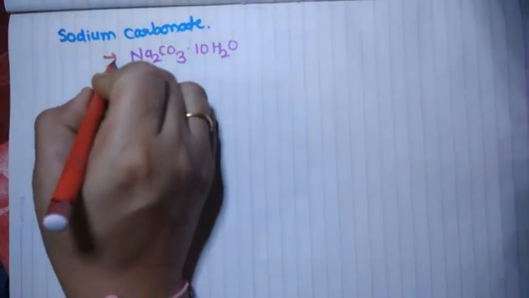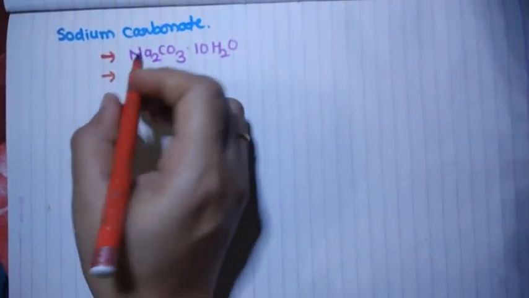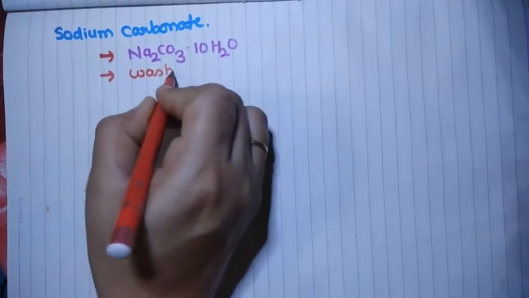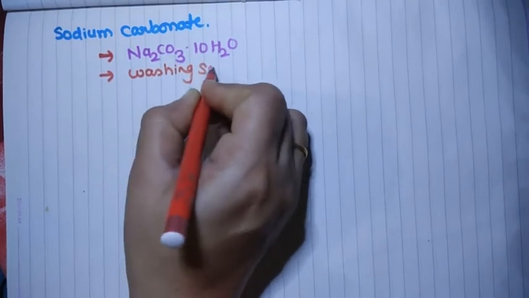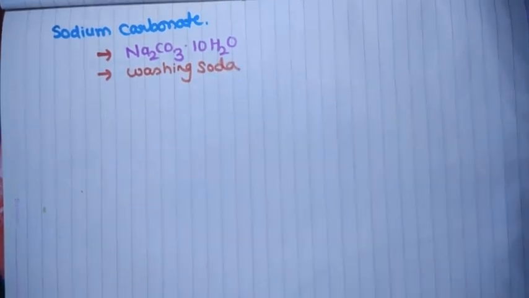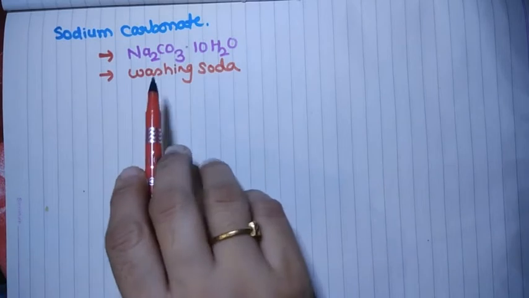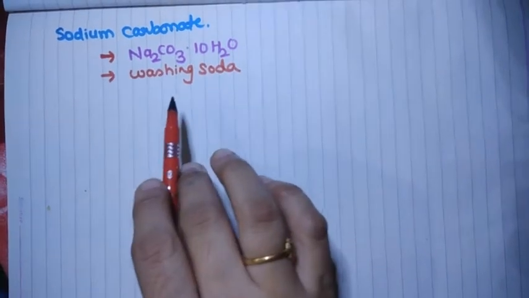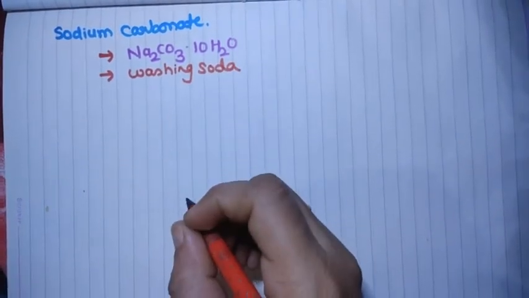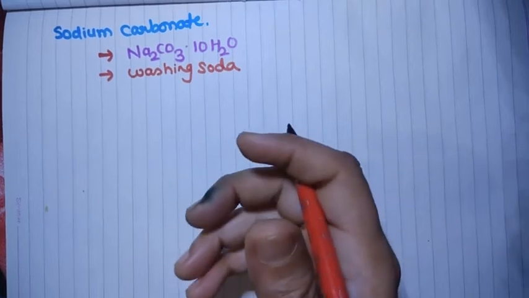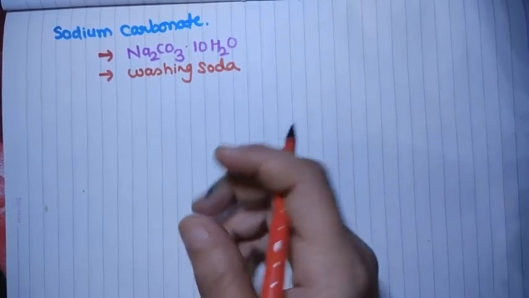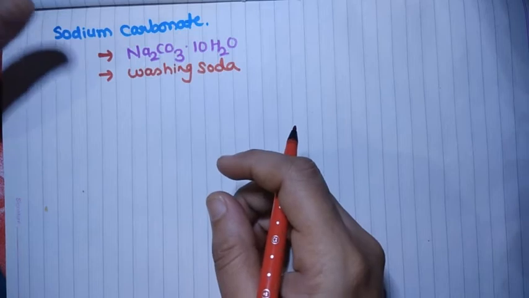Another common name of this sodium carbonate is washing soda. Why washing soda? Because this ingredient is used for washing clothes and in laundries. Very useful. That is why it is known as washing soda.